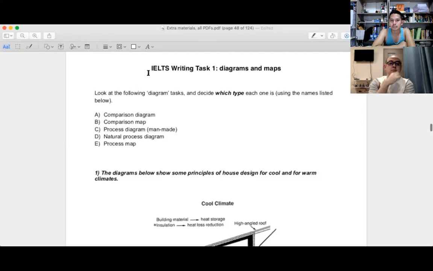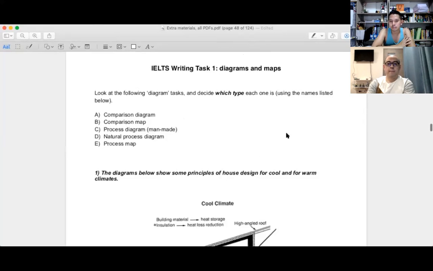So the diagrams below show some principles of house design for cool and for warm climates. For cool climates, you can see the building material is heat storage, insulation, heat loss reduction, and a high angle roof, and going this way, the direction of the sun.